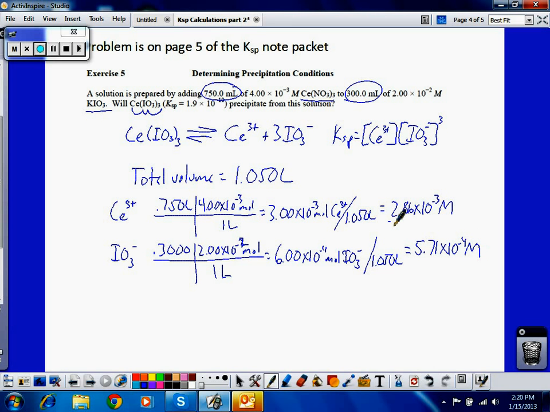So these are the concentrations that I put in my Q expression. Because remember, the question is, will a precipitate form? Which means, is the system at equilibrium? Which means, solve for Q. So now I plug the numbers in.